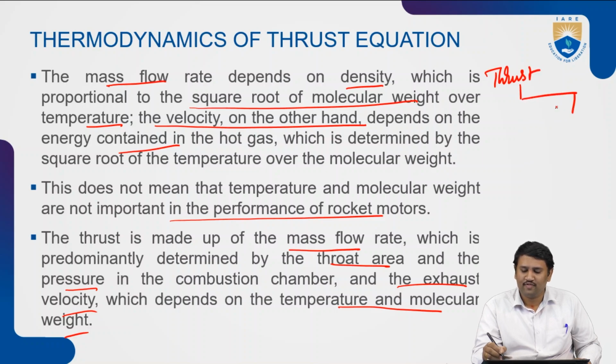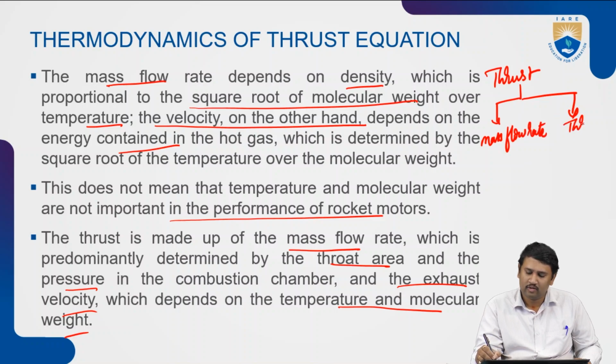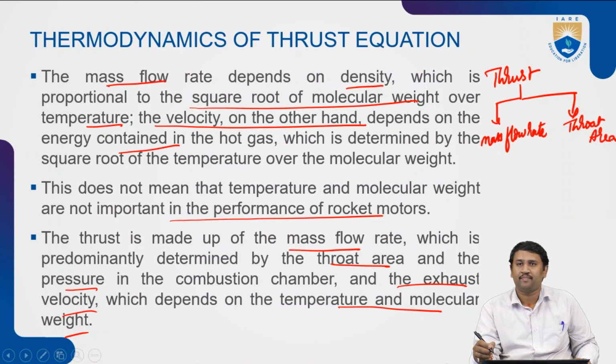Thrust is made up of two contributors. First one will be your mass flow rate, and the second one will be your exhaust velocity.